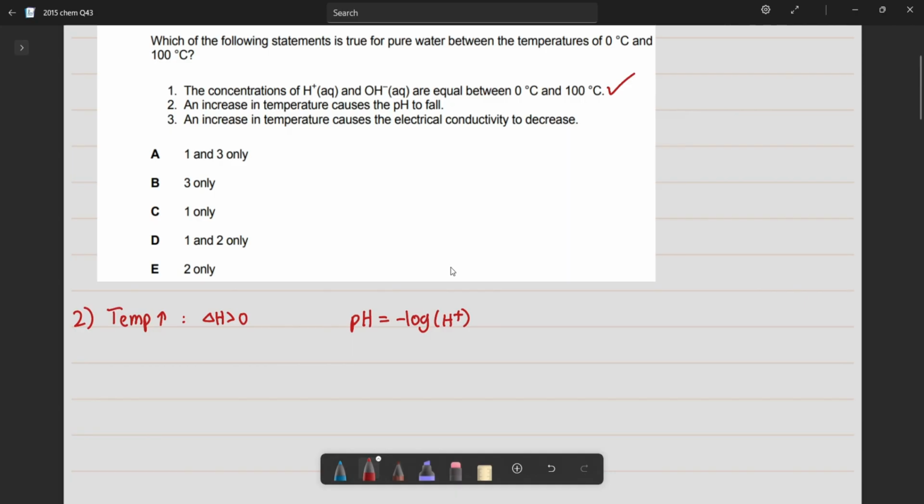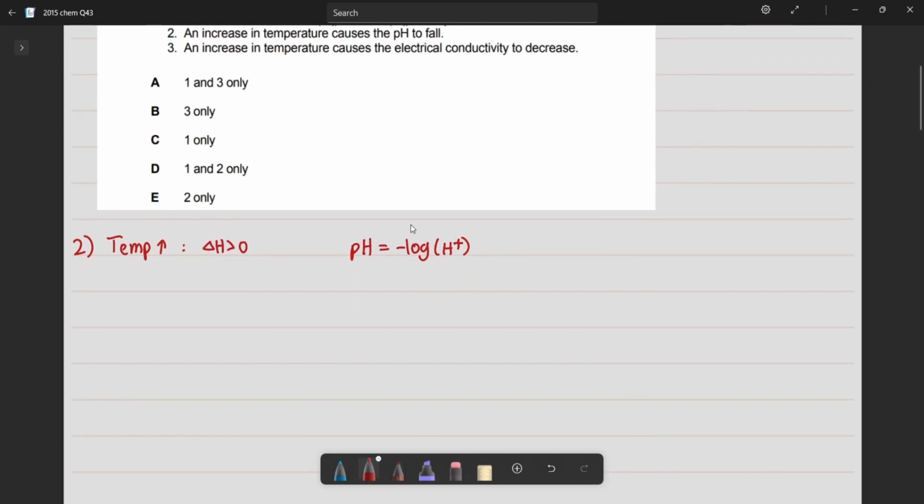But we must know the most important thing, that pH is highly proportional to the H plus. So the concentration of hydrogen will affect the pH because pH won't really consider OH. Okay, so as H plus increases, the pH will decrease.